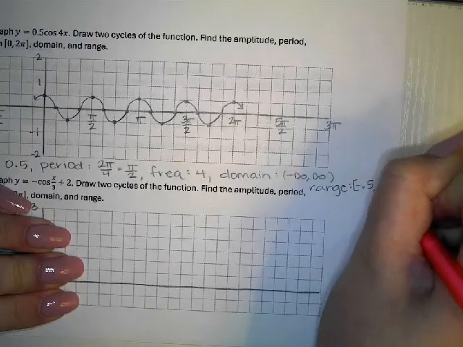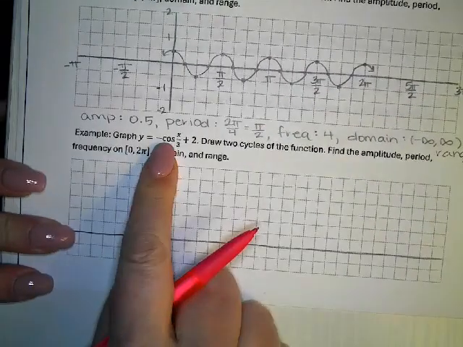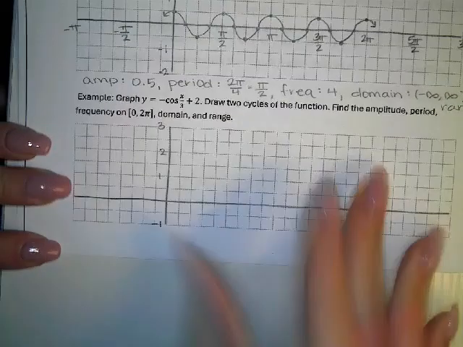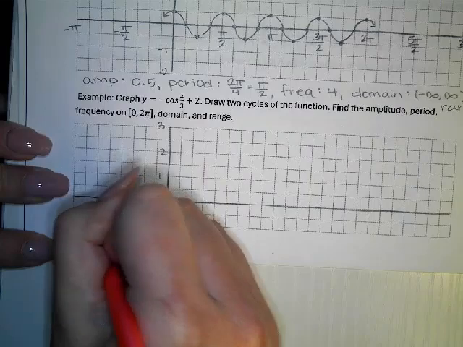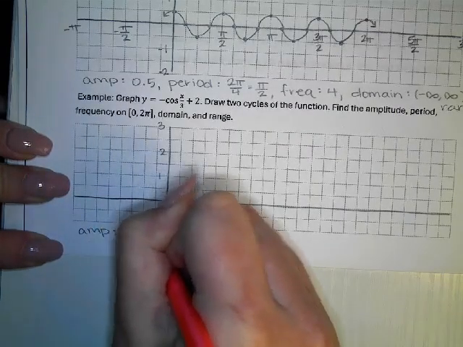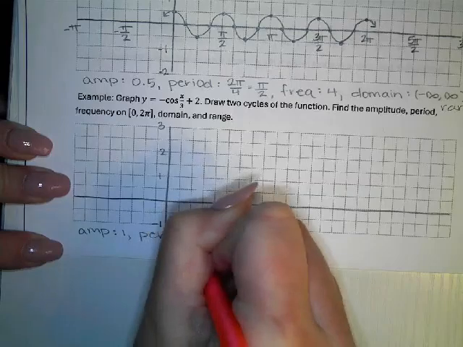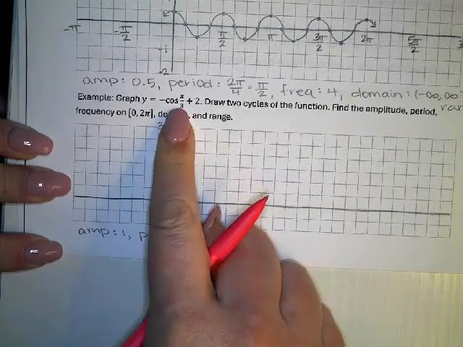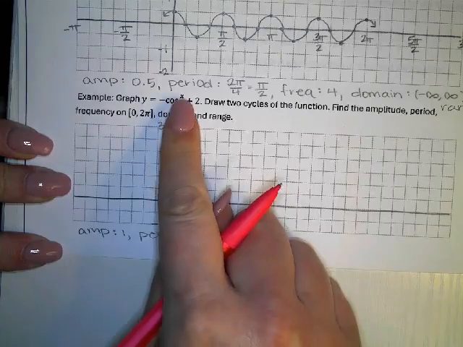All right. For the next one, we have negative cos x divided by 3 plus 2. So on this one, we have an amplitude of 1. The period is 2 pi divided by 1/3. X divided by 3 is the same as 1/3 x.